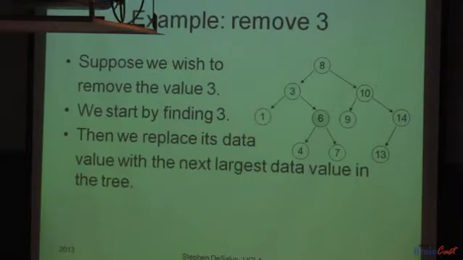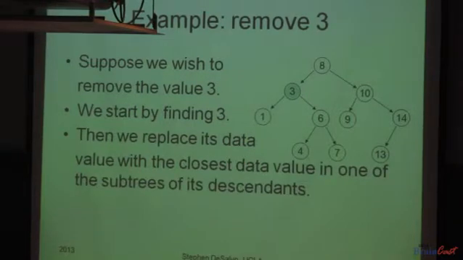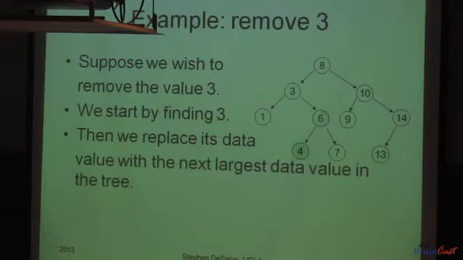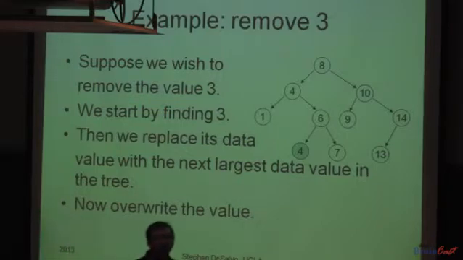Why do we want to do that? Okay? So we look at the 3. Let's say we go to the right. Then we pull as far to the left as possible. Then we replace the 4. Okay? We replace the 3 with the 4. Now, why is this a good idea?